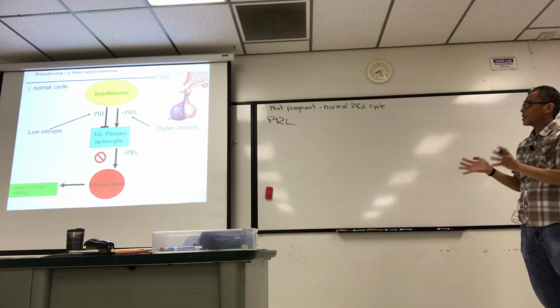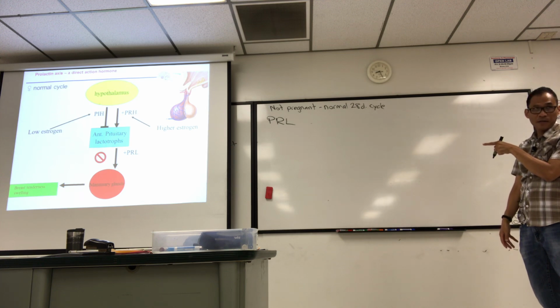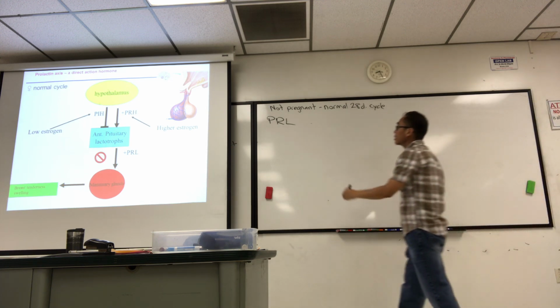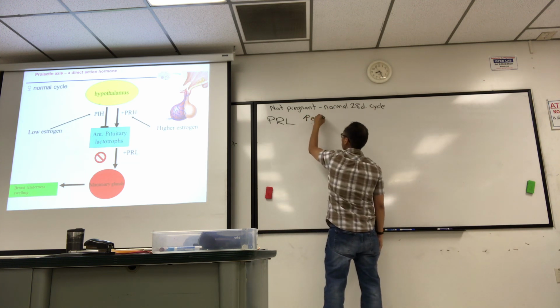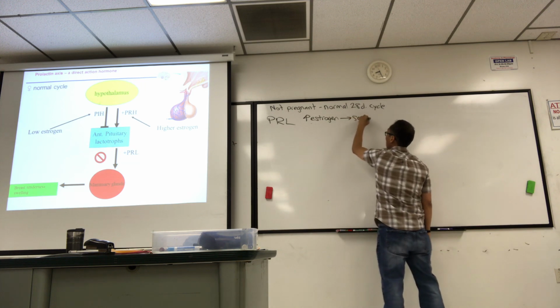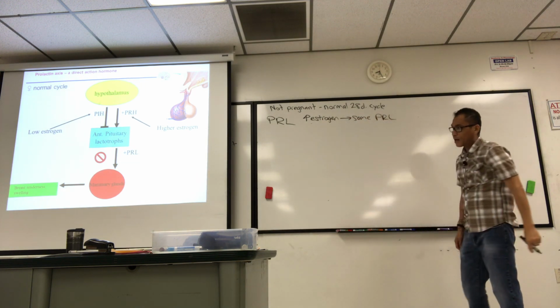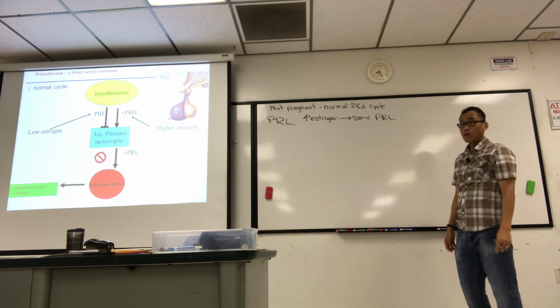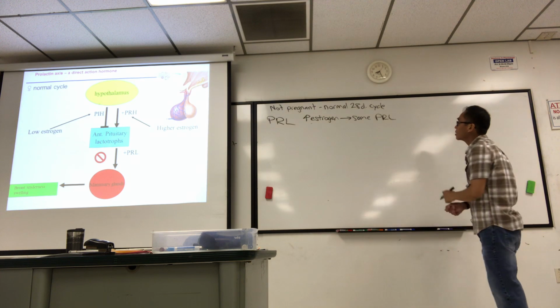So when you're not pregnant and estrogen's a little bit higher, that's a stimulus for release of PRH. You increase estrogen, you get some PRL, prolactin, to target the mammary glands. Not enough for milk production, but maybe you'll notice some swelling and tenderness.